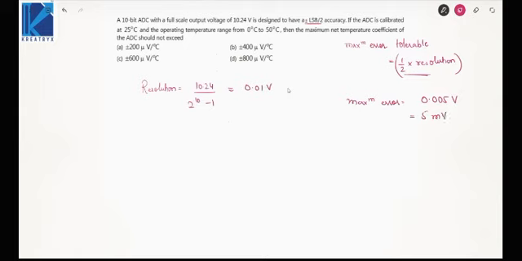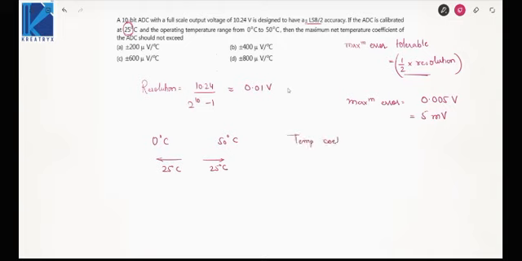Now, because the ADC is calibrated at 25 degree, you are getting the correct result at 25 degree. Then it means for 0 degree to 50 degree centigrade, you can move 25 degree centigrade in either direction. That means either the temperature can increase by 25 degree or it can reduce by 25 degree.